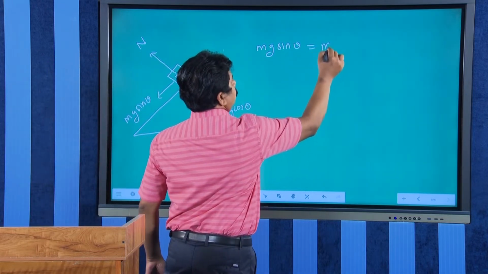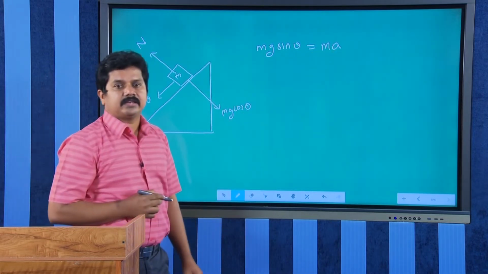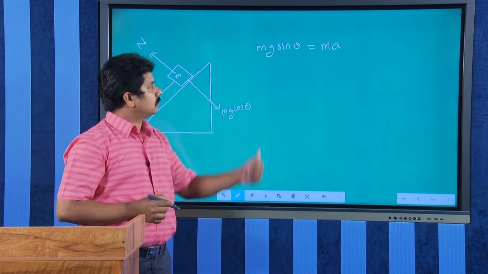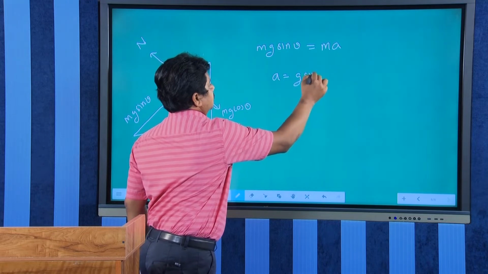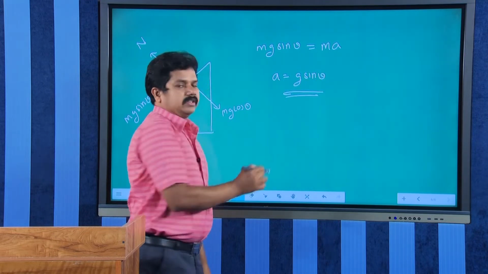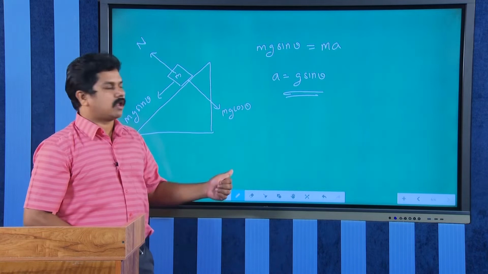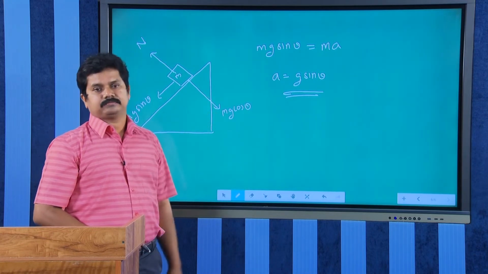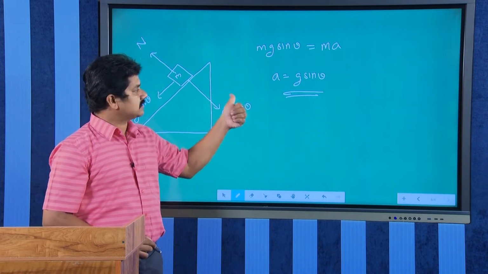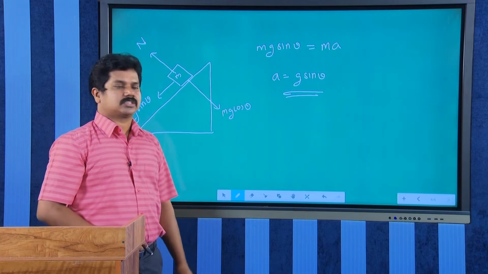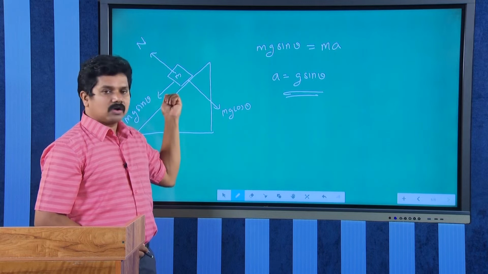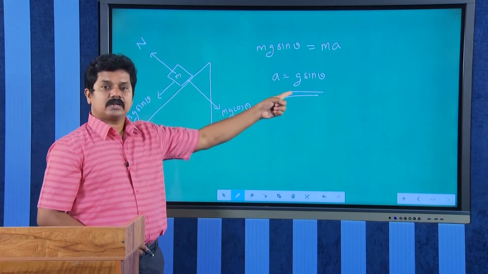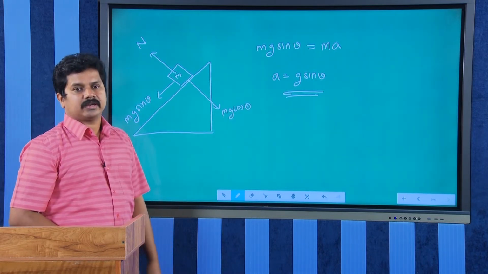So, mg sin theta equal to ma, right, or acceleration a equal to g sin theta, right. So, this is the acceleration of this block along the plane. So, the block will slide down along the plane with an acceleration g sin theta, right.